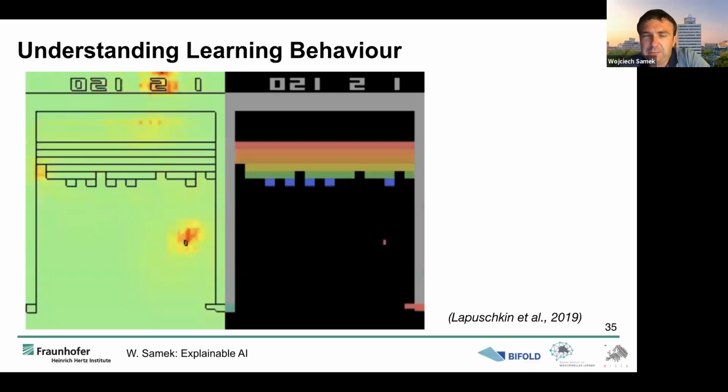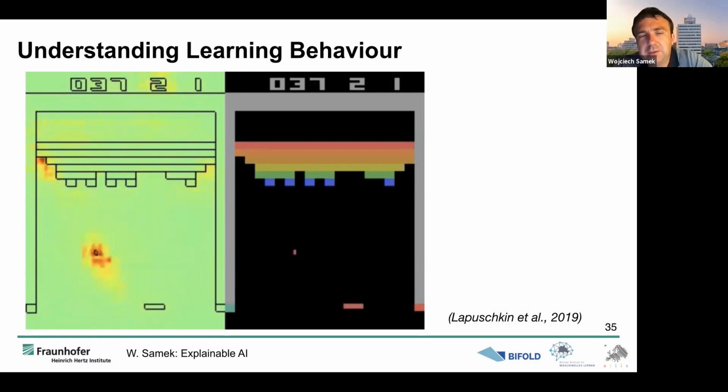But you can even go beyond this visualization. This is what I meant before, that we trained a classic agent playing Atari. So the task was to play this game of Breakout, and on the left you see the red color indicates the relevant areas, and you see that on the left corner it's actually relevant all the time, and you will see why.